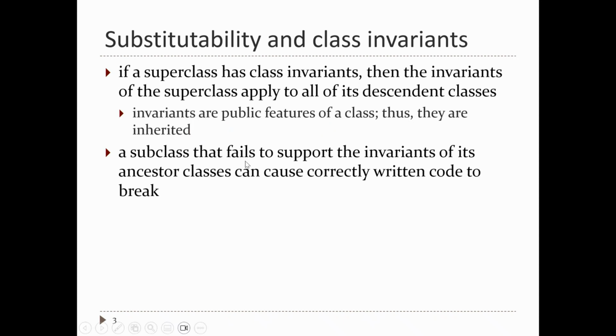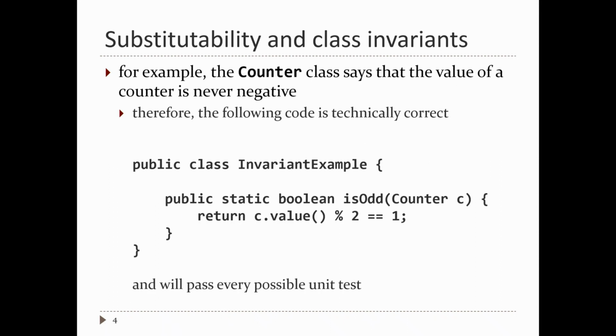If your subclass fails to support the invariants of the ancestor classes, then anybody who wrote code according to the ancestor class documentation, their code now potentially breaks. That person is not in the position to fix the code because the failure is in the person who wrote the subclass, not who wrote the ancestor class. So the problem in this case is someone has overridden a superclass incorrectly.